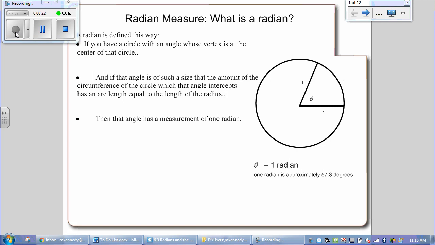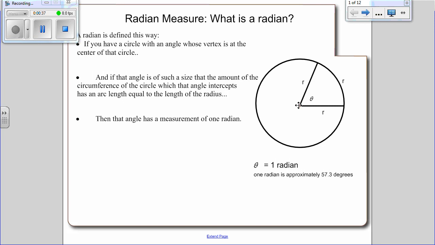What a radian is, is just another way of measuring angles. So the actual definition is here on the board. The big thing that you need to know is just that a radian is a measurement from the center of a circle to the outer edge, where the circumference that you've created in that angle, so this red line all the way across the top, is the exact same length as the radius from the center to the edge.